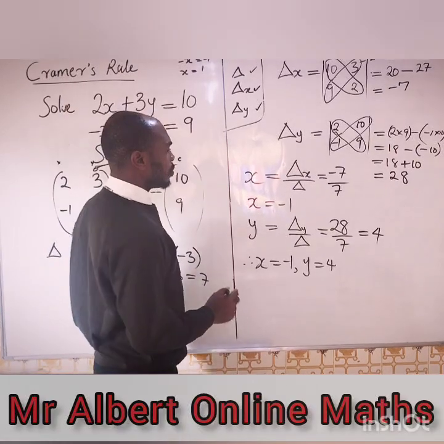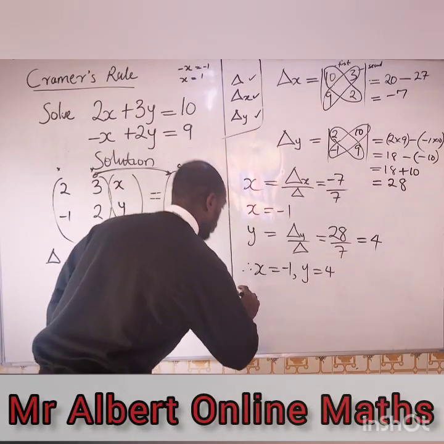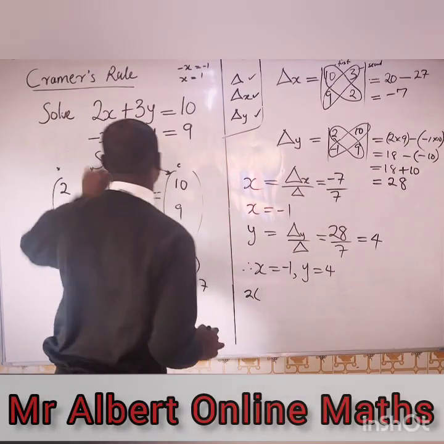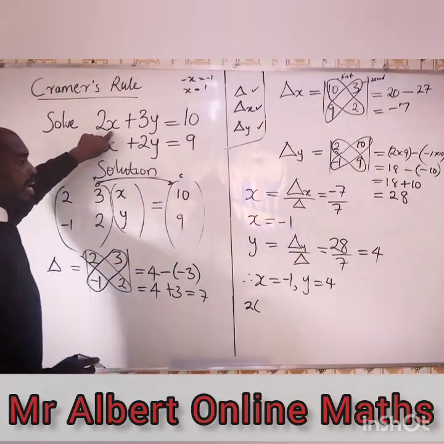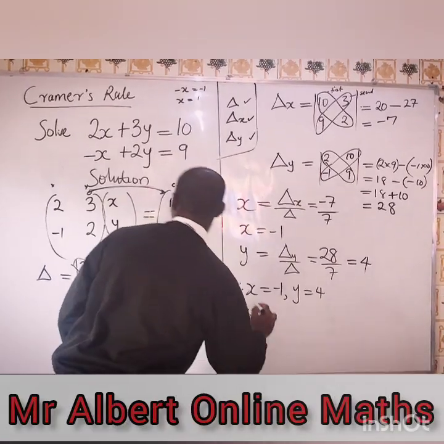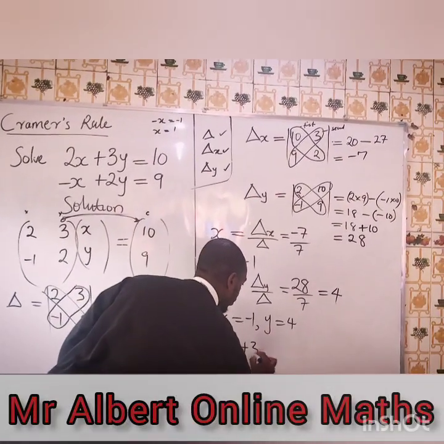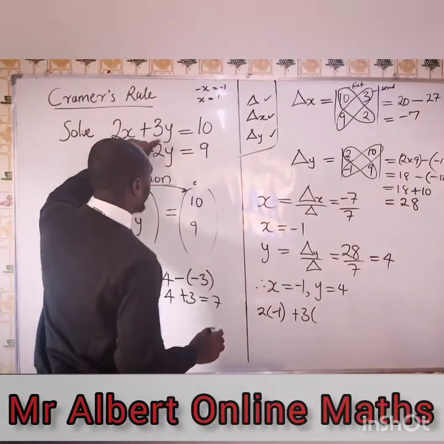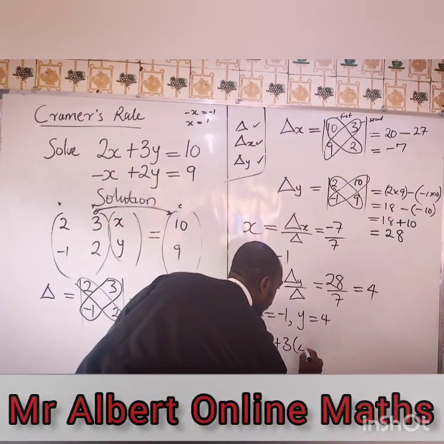Now we'll pick equation 1, and then what we do is 2 times x, here x is minus 1, plus 3 times y, here y is 4.